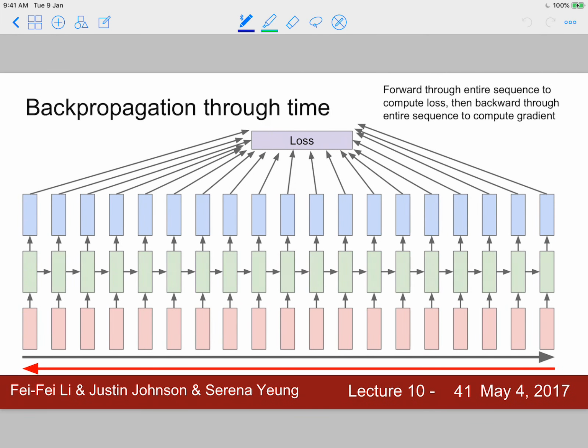Okay. So that information shouldn't be exploding, and it shouldn't be vanishing. Otherwise, this proper kind of counting operation cannot be properly learned.